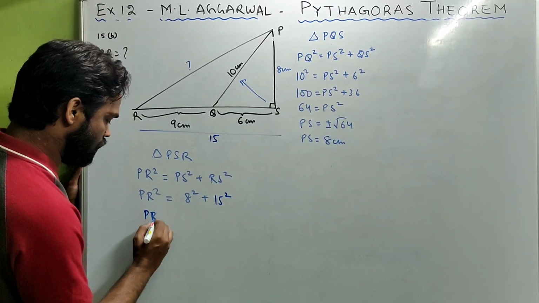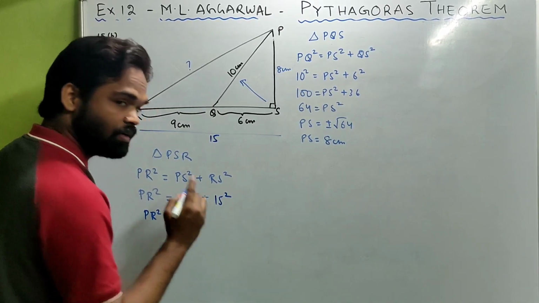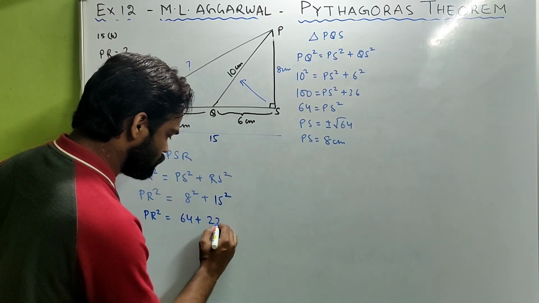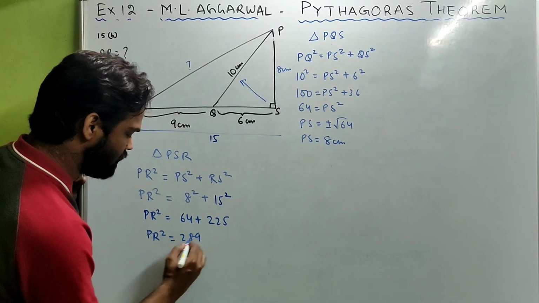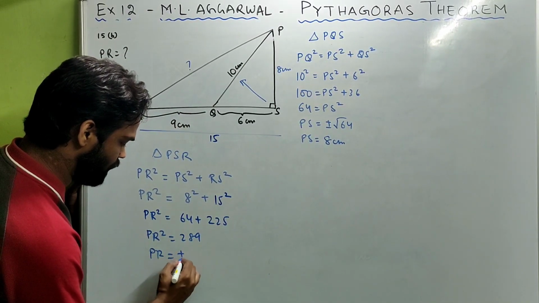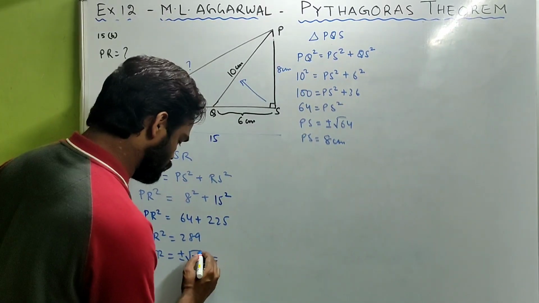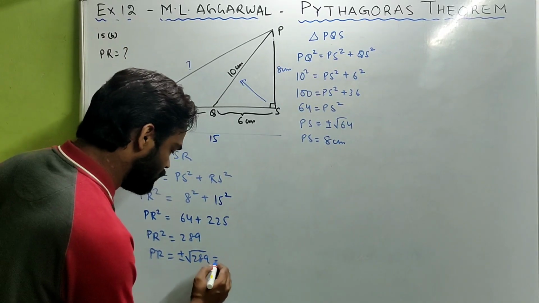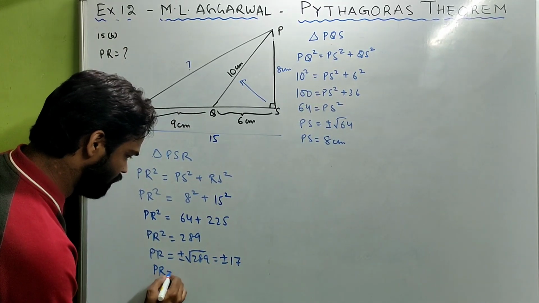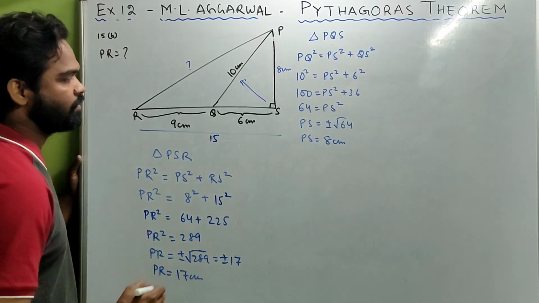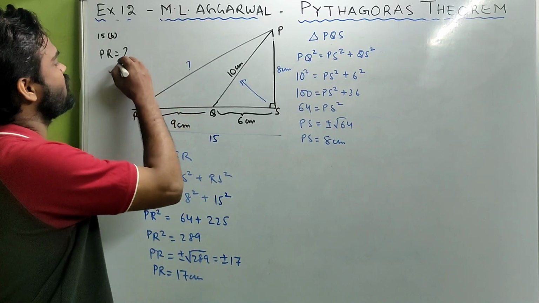So PR square is equal to 64 plus 225, isn't it? So PR square is 289. So PR will be plus minus root 289, and the square root of 289 is 17. So PR will be 17 centimeter. We'll take the positive only. Is it clear? So PR is 17.